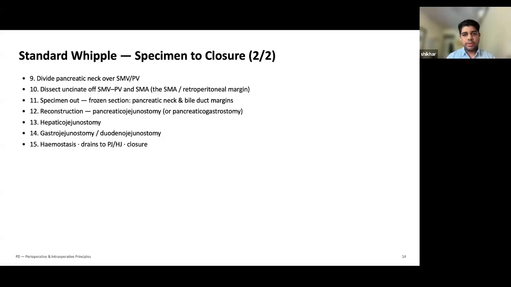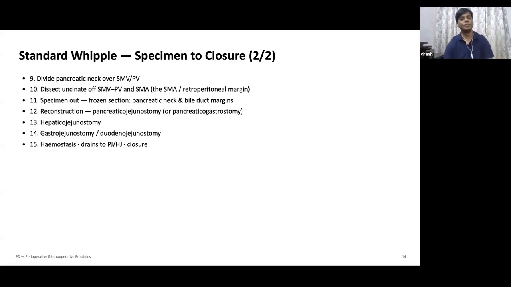When you're dissecting the uncinate, what are you expecting? What structures, what vessels could come across when you are dissecting the SMA? You already have divided the pancreas, and now you are dissecting the uncinate. What precaution? Because it's a very crucial stage.